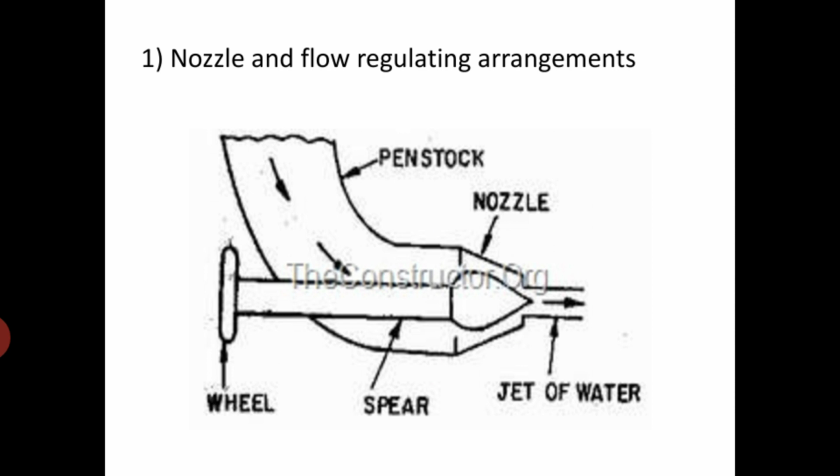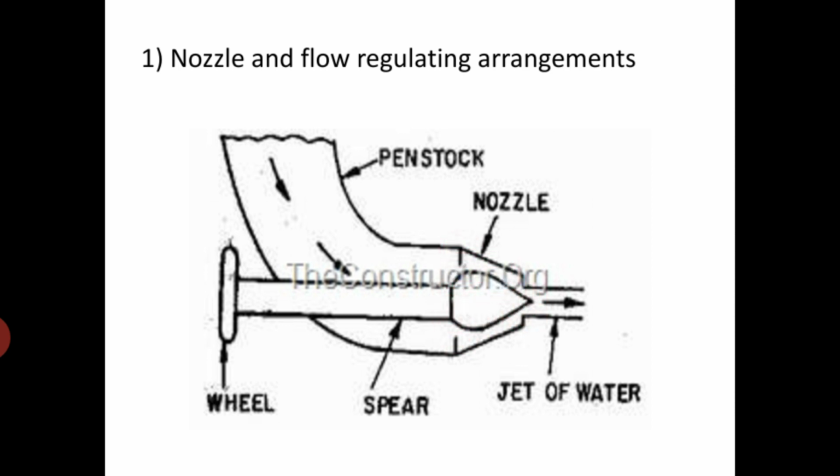As we know, the water from the head race comes down along the penstock, which is nothing but a long pipe, and it enters the nozzle. This is the penstock, and it is fitted with the nozzle at the end of the pipe.